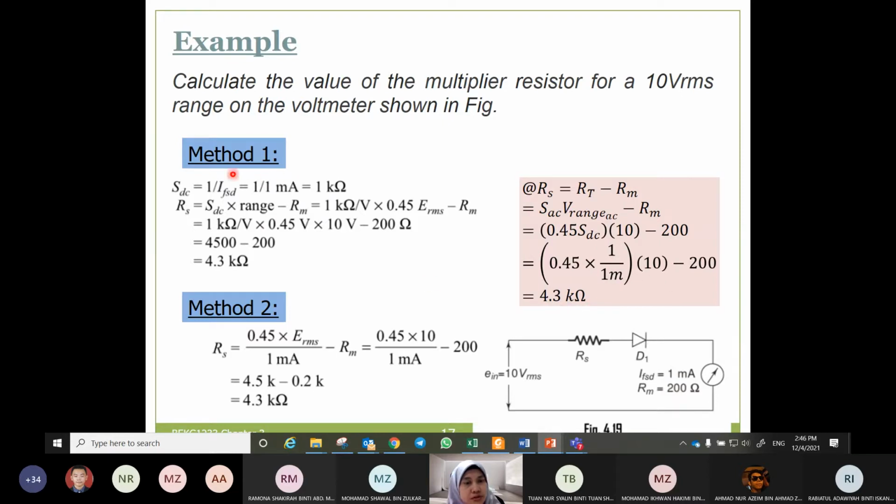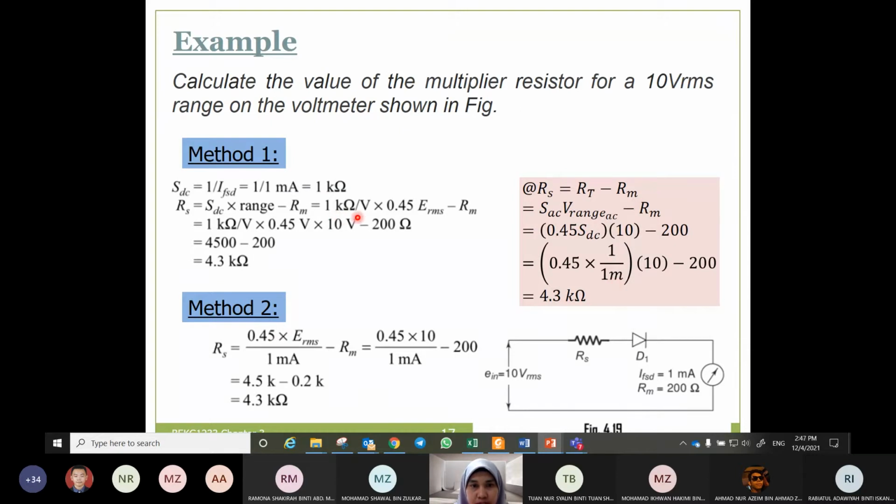How about this formula, this method? Okay, RS is equal to S DC multiply with V range, but V range here is in DC as well, minus Rm. Okay, so SDC is equal to 1 over 1 milli. 1K ohm per volt here is equal to 1 over 1 milli.